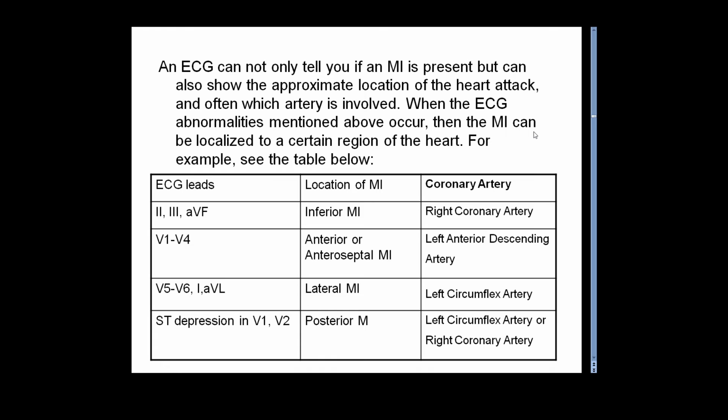Posterior MI is characterized by ST depression in chest leads V1, V2, and usually occurs in obstruction of the left circumflex artery or right coronary artery. Topical changes.